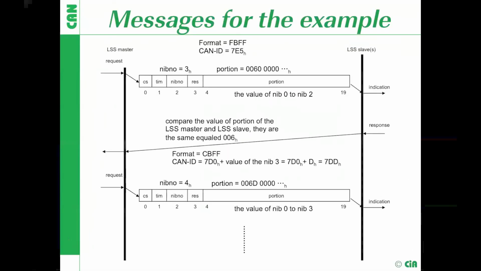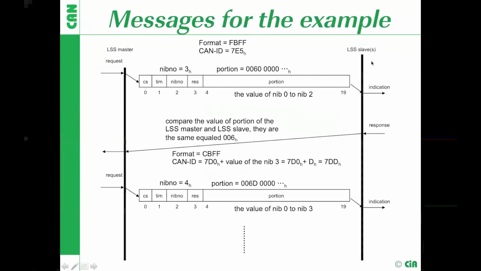To understand the protocol better, we can now see the messages for this example. For the request, this data field is set to 3, and the portion parameter is set to 006.